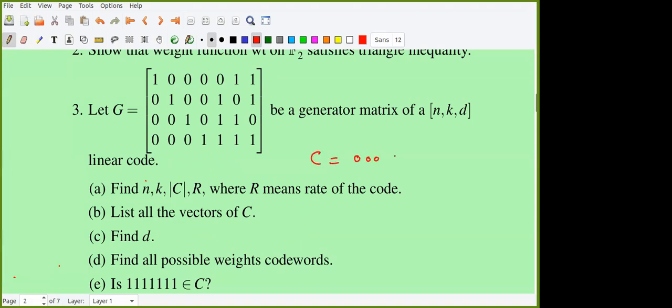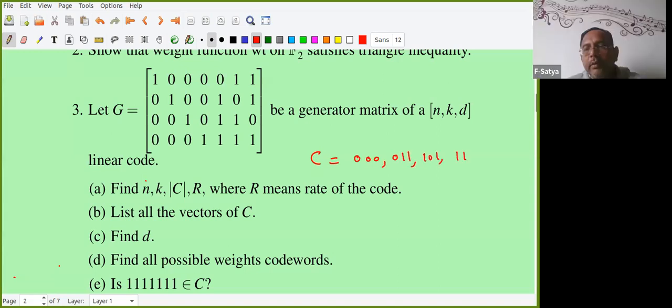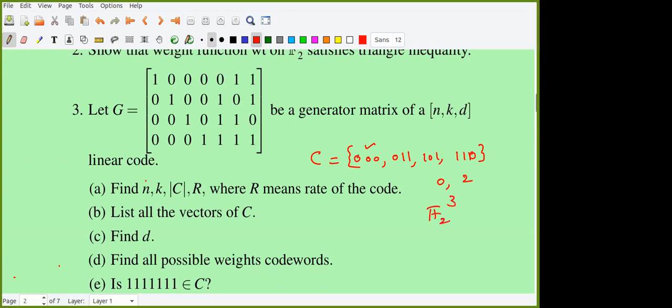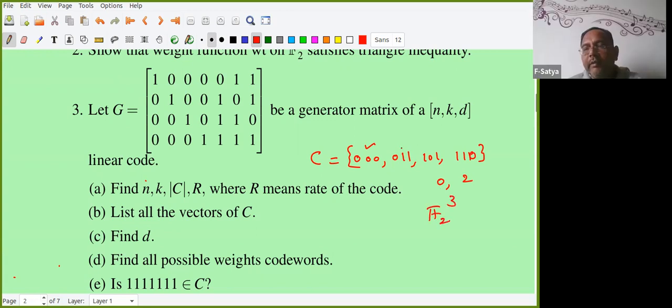See, 0 0 0, 0 1 1, 1 0 1, 1 1 0, right? What are the weights in here? 0 and 2 only. This weight is 0, and every other weight is 2.